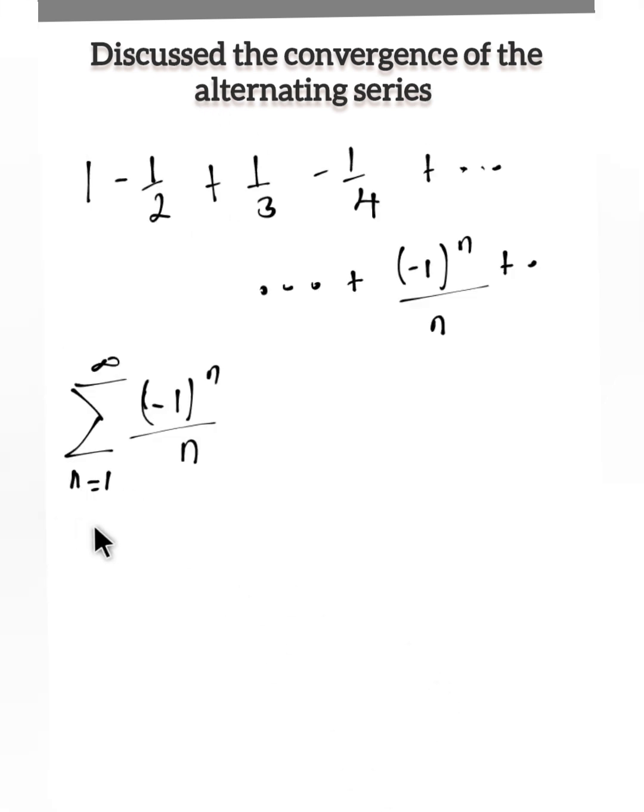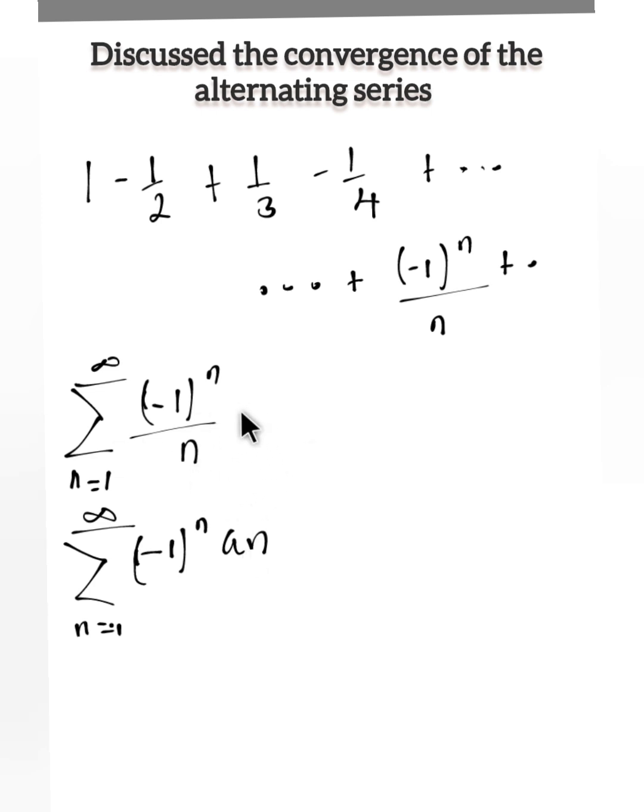Let me write it out, which is the summation from n equals 1 to infinity of minus 1 all raised to power n of an. Now, if we compare these two expressions, we see that an should be 1 over n.